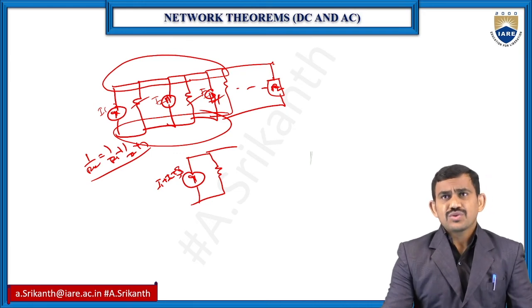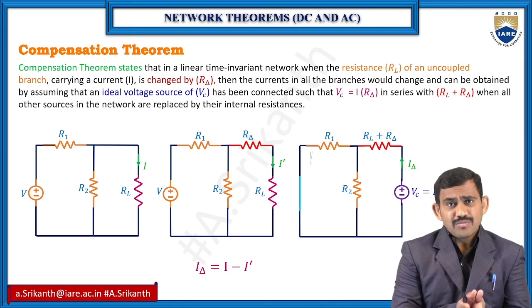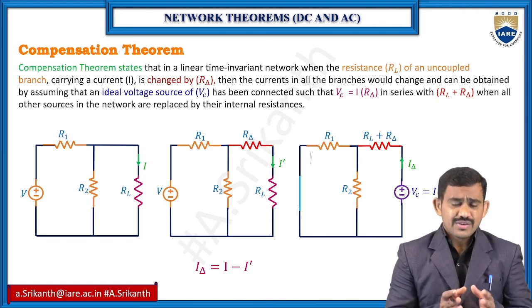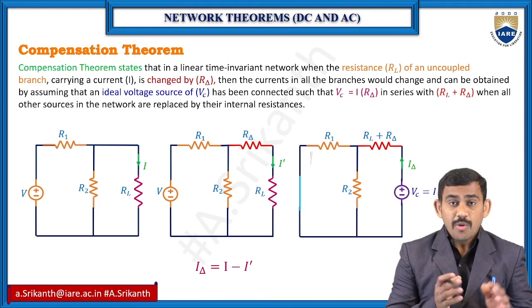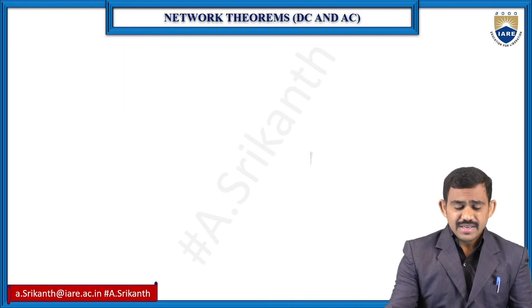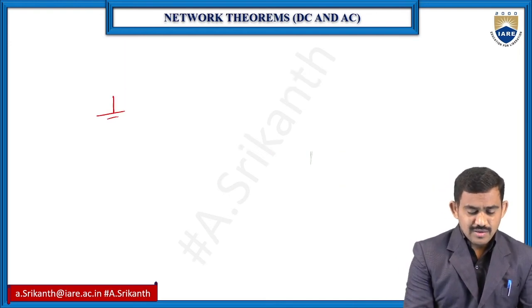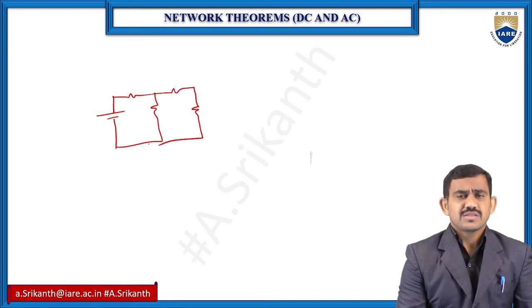Okay. And coming to, we have one more theorem, the compensation theorem. So I need to compensate some voltage to a particular branch. How much voltage do I need to compensate, and why? Suppose I have a voltage source and resistor, and here I have one small circuit.